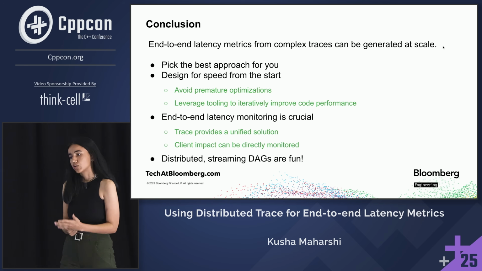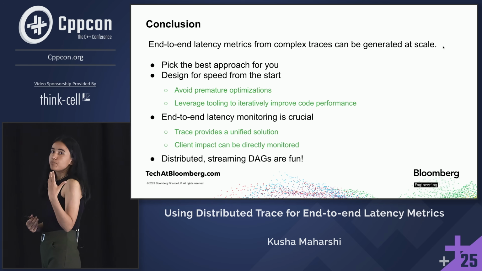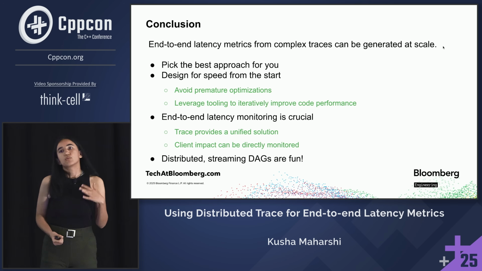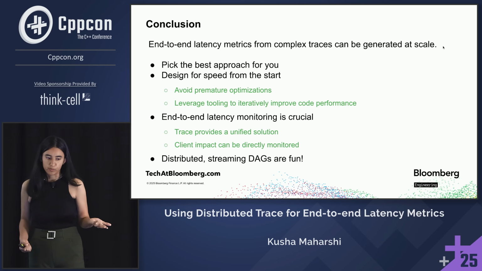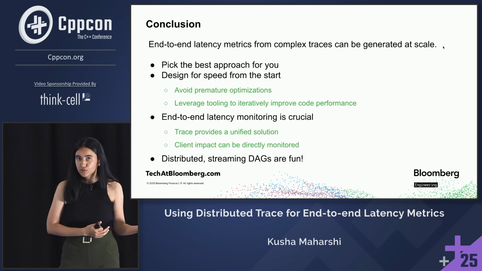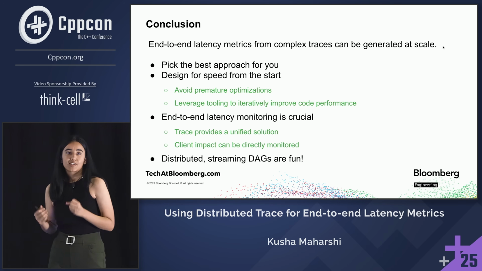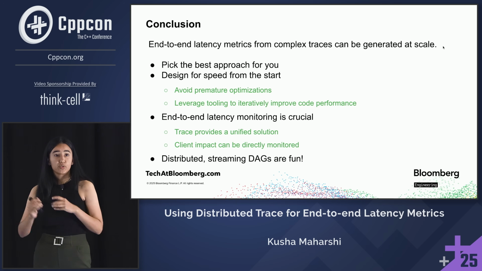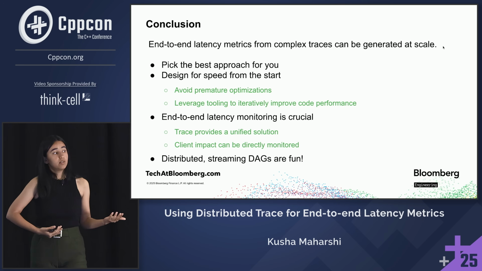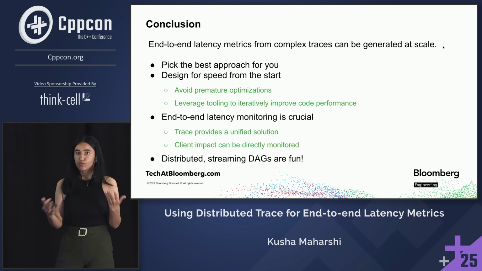We learned along the way to avoid premature optimizations and to constantly leverage tooling to iteratively improve code performance. And finally, end-to-end latency monitoring is crucial because it helps us directly quantify and measure user impact. Distributed tracing is able to provide a unified solution to that.